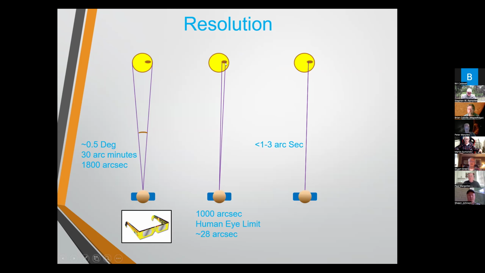If we consider a feature on, for example, a sunspot, that might be 1,000 arc seconds. The human eye limit is around about 28 arc seconds. So you'd be able to see the sunspot. But if you really want to see fine detail, then you've got to be down to 1 to 3 arc seconds to start properly resolving the features of interest.